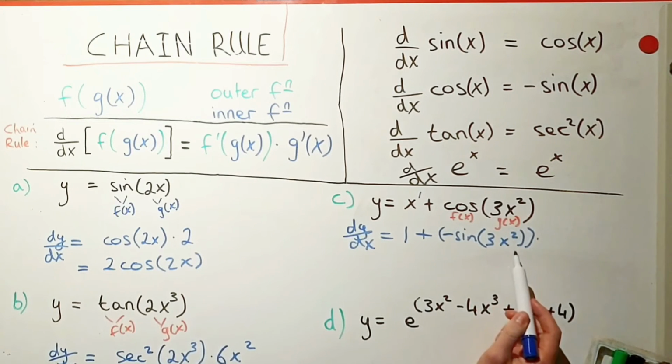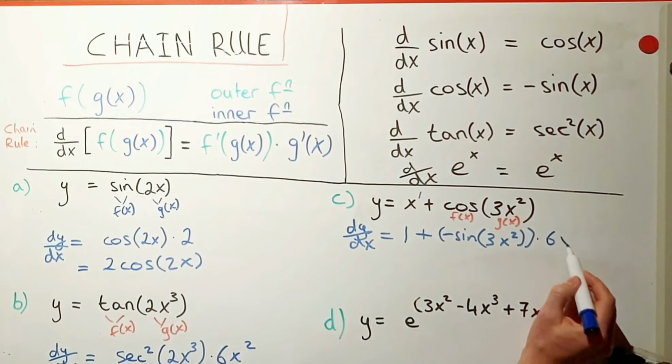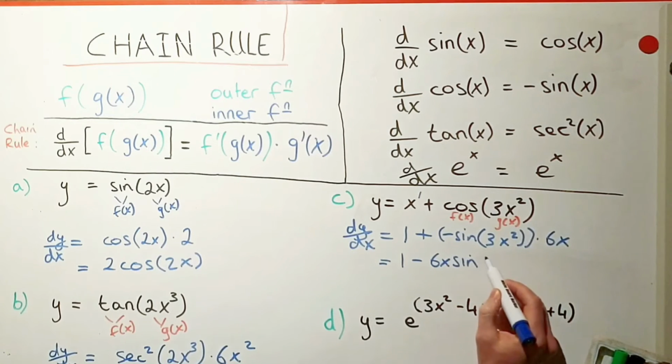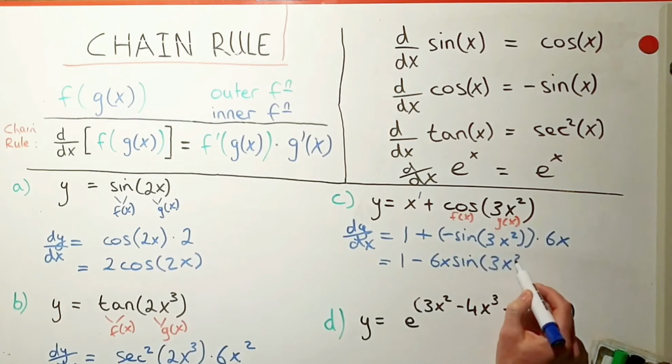So we know that 3x squared differentiated is going to be 6x. Tidying that up a little bit, we have our 1, and this is a minus sign, so we're going to have a minus here, and we're going to bring the 6x over as the coefficient. So it's going to be minus 6x sine 3x squared.